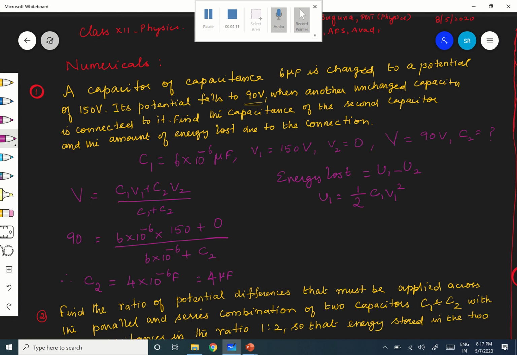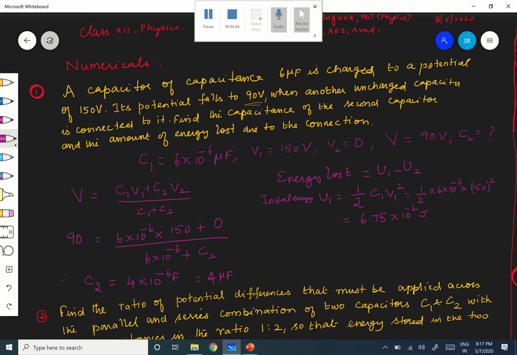Therefore, when you substitute, it is half into 6 into 10 power minus 6 into 150 the whole square. I am telling all of you, you have to solve it and see: 6.75 into 10 power minus 2 joules. This is the initial energy.